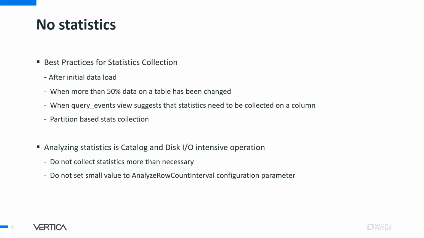Analyze statistics is a catalog and IO intensive operation, so do not collect statistics more than necessary. Do not run this on the full database. Do not set a small value for the analyze row count interval configuration parameter.